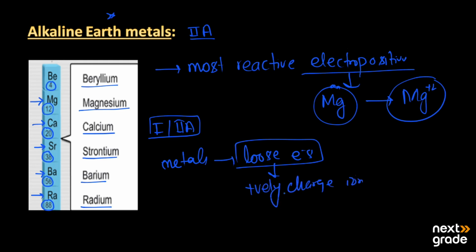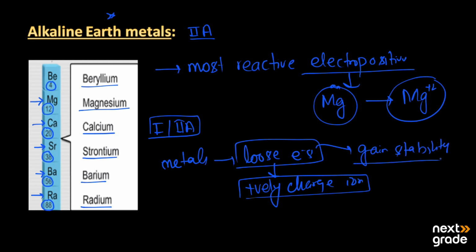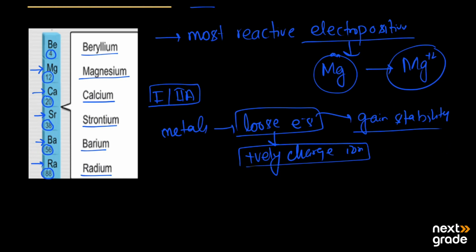So the question arises, why do they lose their electrons? Just to gain stability. They lose the electrons from their outermost shell. So this was a simple overview about alkali and alkaline earth metals. I hope you guys understand.